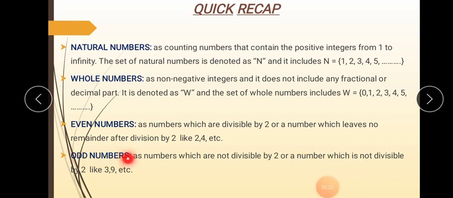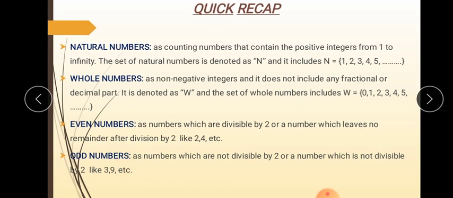Fourth one, odd numbers. Odd numbers are the converse of even numbers, or we can say the numbers which are not even numbers. Those numbers are called as odd numbers. So, in simple words, we can say numbers which are not divisible by 2.